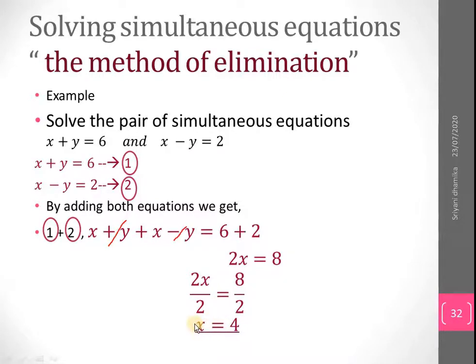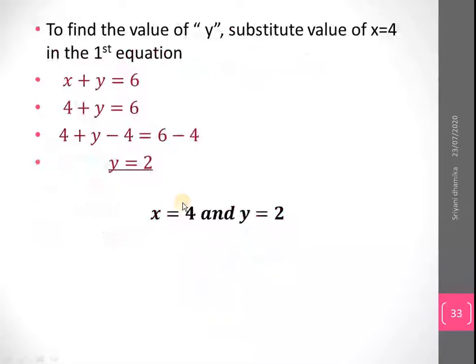Now we found the value of one unknown. Then how do you find the value of the other unknown? We have to substitute this value in one of these equations. Now I am going to substitute x equals 4 in the first equation.